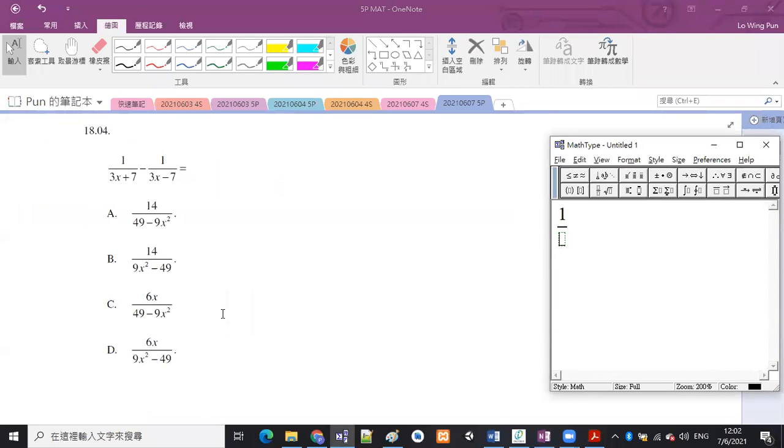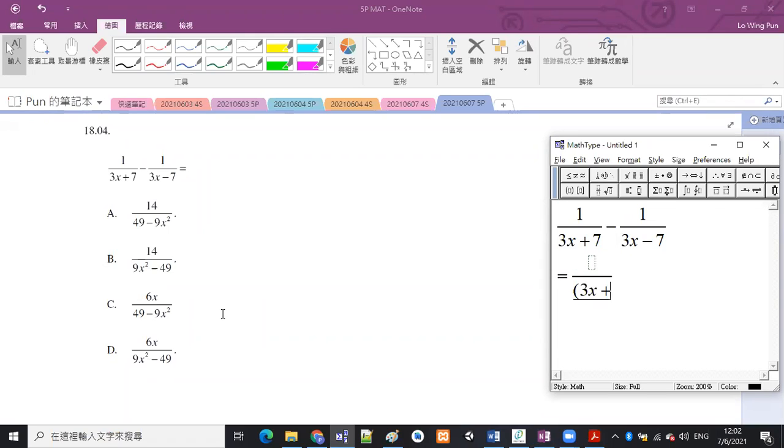So we have 1 over 3x plus 7 minus 1 over 3x minus 7. Again we have two fractions doing subtraction with different denominators. 3x plus 7 cannot be factorized. 3x minus 7 also can't be factorized. So we may just enlarge the fractions like this.